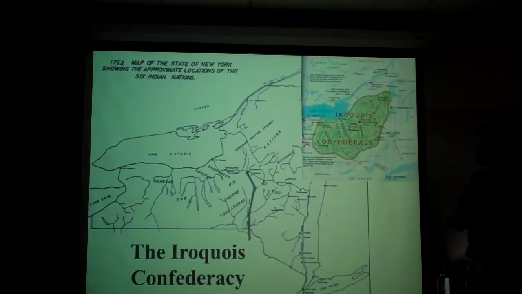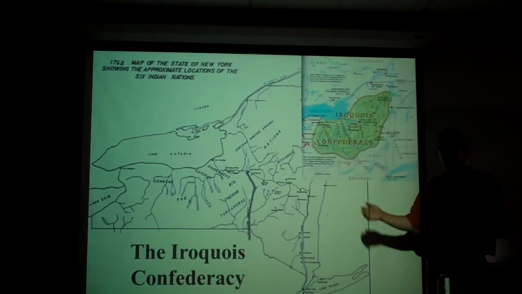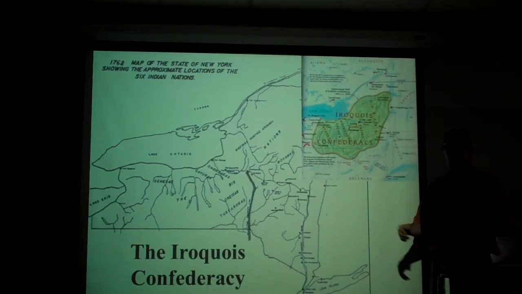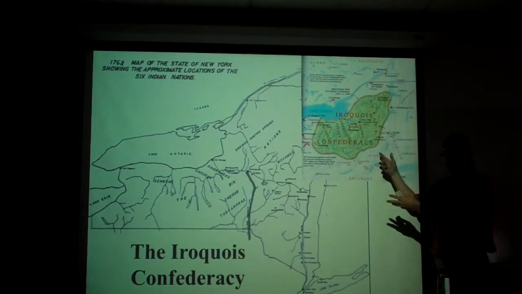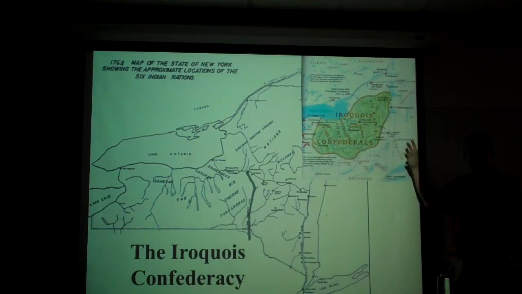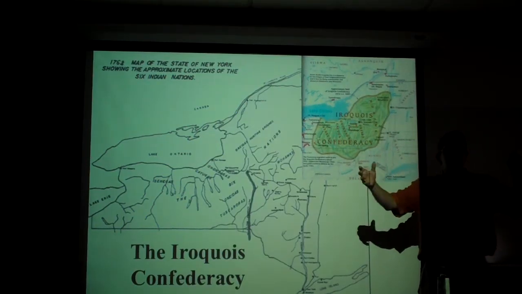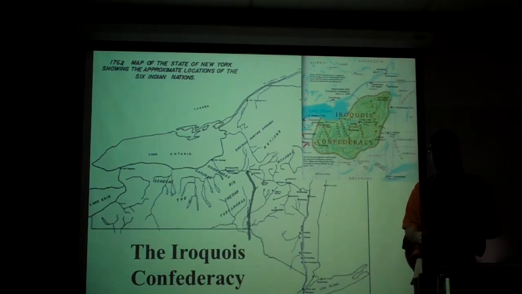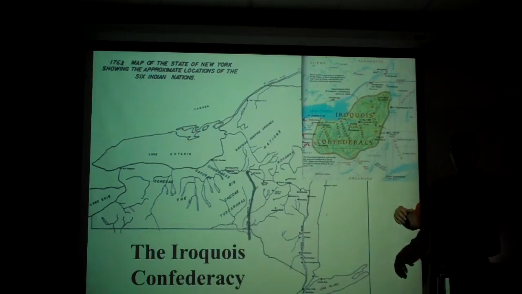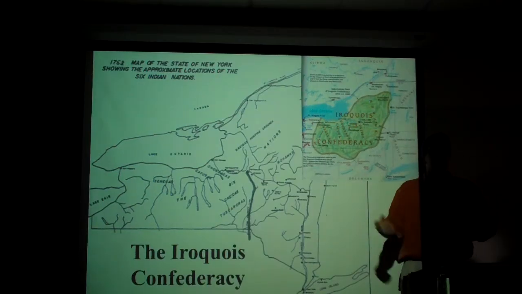But the most important native group was the Iroquois Confederacy, who we've talked about now for a long time in this class. And the Iroquois, remember, played the French and the Dutch against each other once they had eliminated the Hurons. And then, when they lost the Dutch, they played the French and the British against each other.